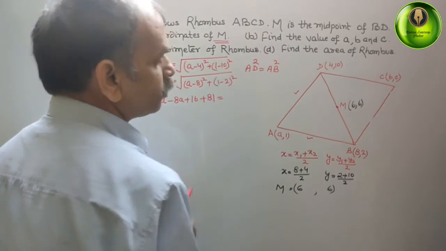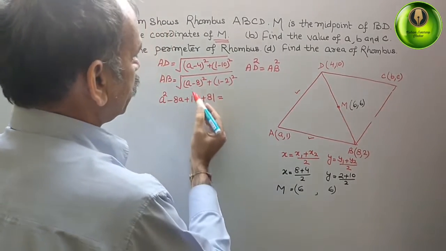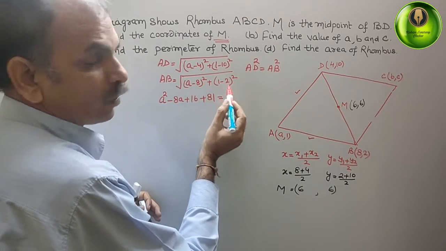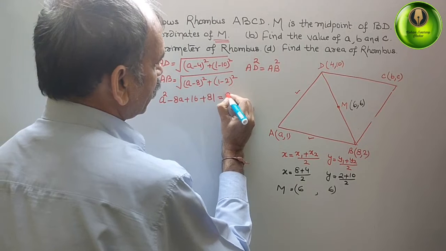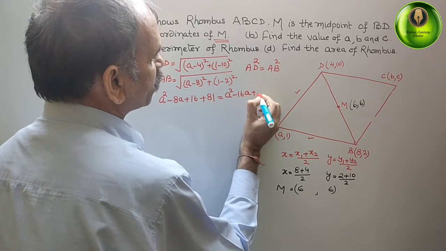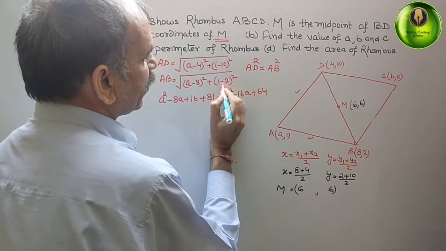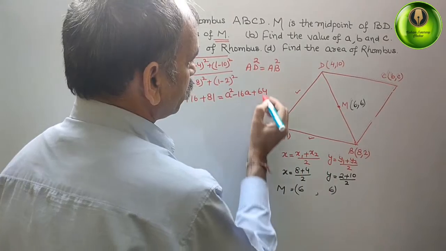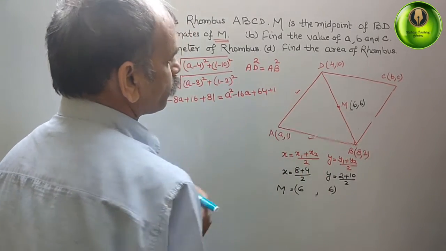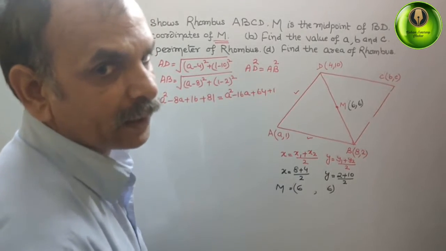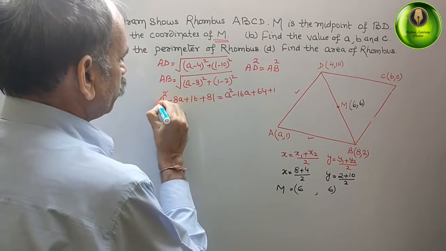That is equal to (a minus 8) whole square, so you will get a square minus 16a plus 64, and 1 minus 2 is minus 1, minus 1 square is 1. You can see a square on both sides will go out.